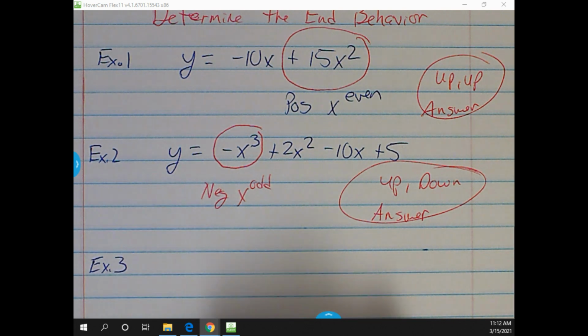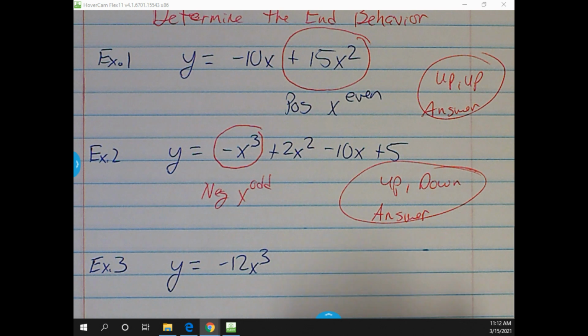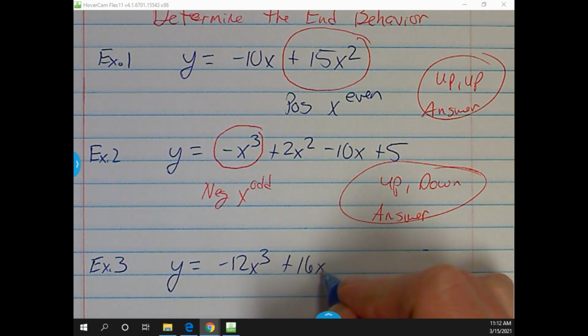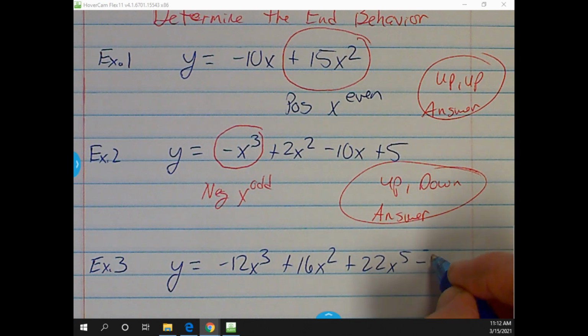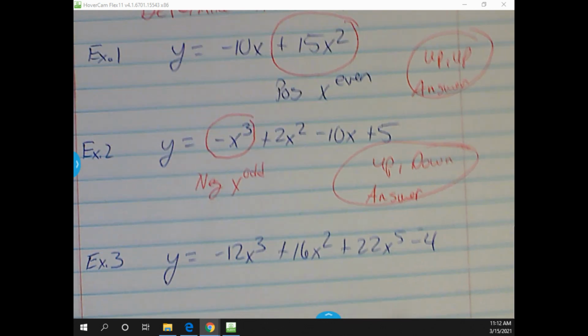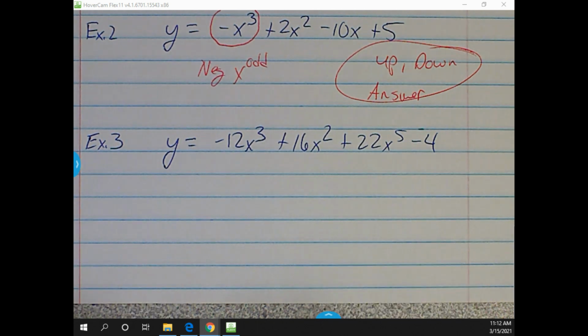All right, give you one more. All right, let's do something like that. Negative 12x to the third plus 16x squared plus 22x to the fifth minus 4.